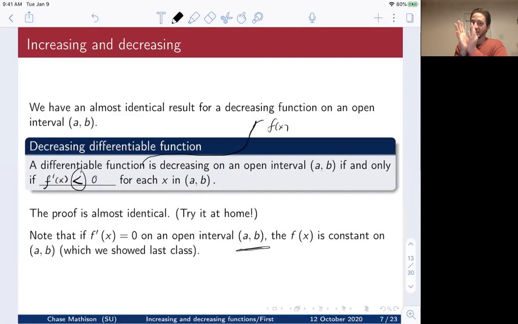But if f prime of x is equal to 0 on a whole interval, then that means f of x is constant on that interval. Those are still all critical numbers, but it's just going to be a funny looking graph. Okay. So are there any questions before we move on to actually finding intervals on which a function is increasing or decreasing?